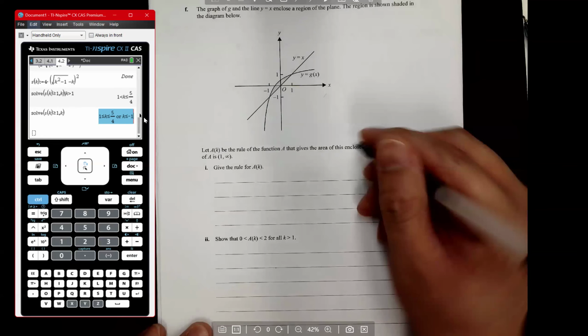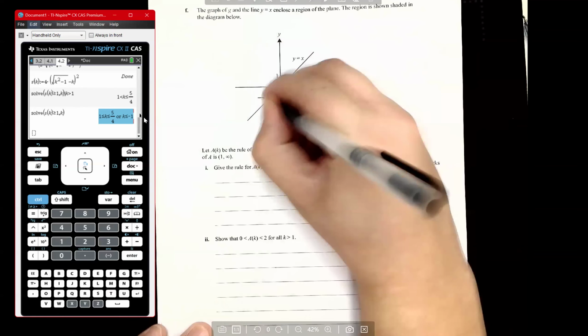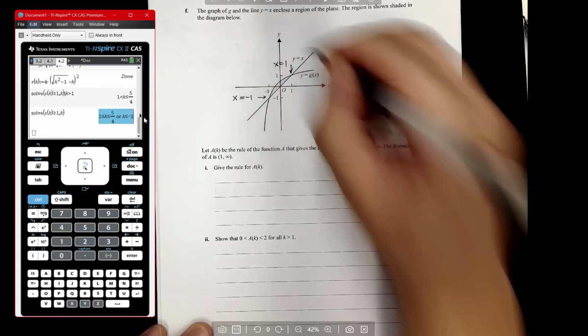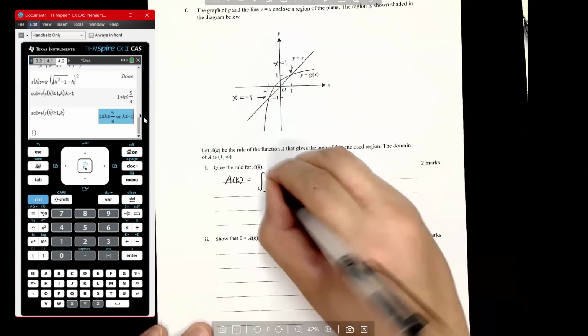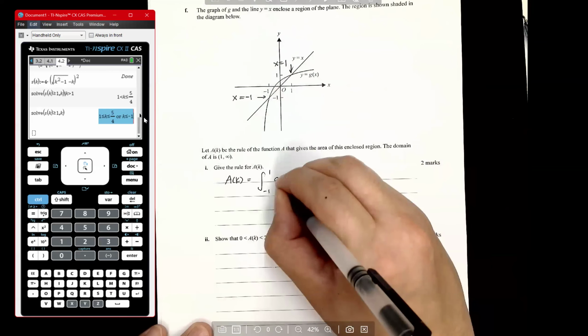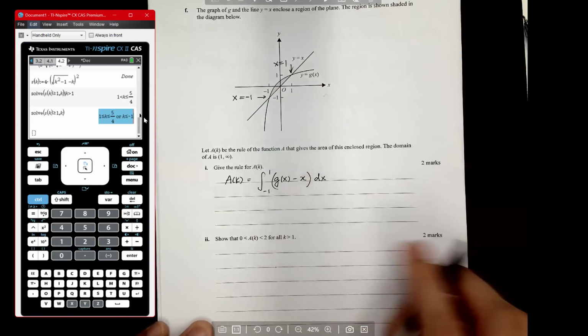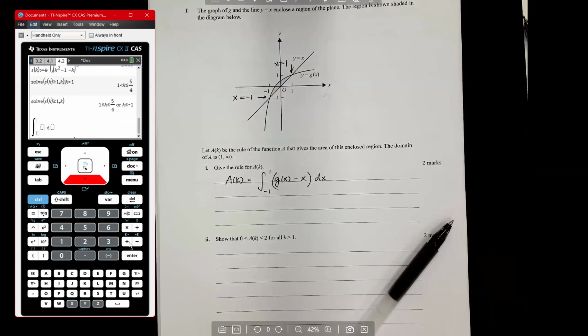This one, A of K is actually the upper function minus the lower function. We know this intersection is x equals -1. This intersection is x equals 1. So A of K equals the integral from -1 to 1 of G of x subtracting x dx. Actually, I can get an expression first: the integral from -1 to 1 of G of x minus x dx.